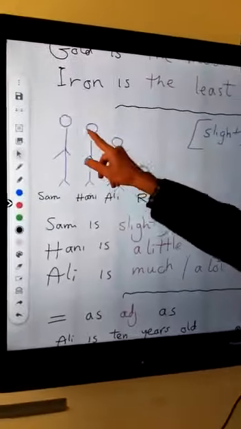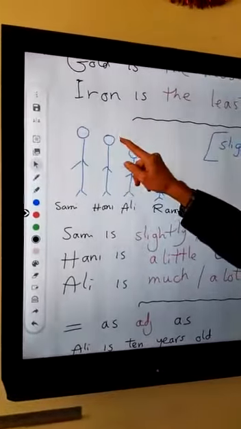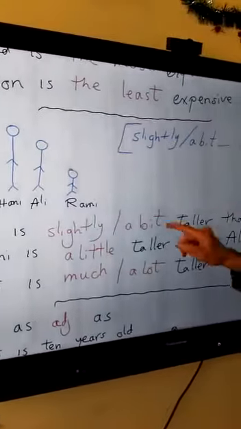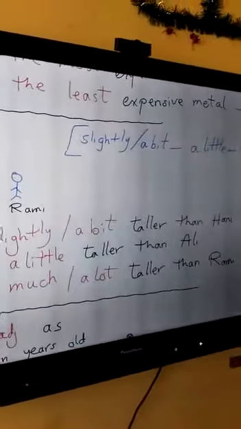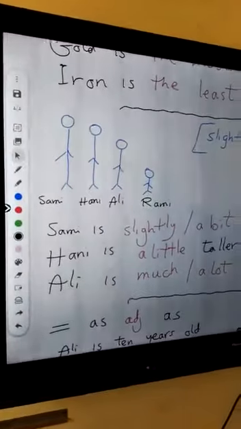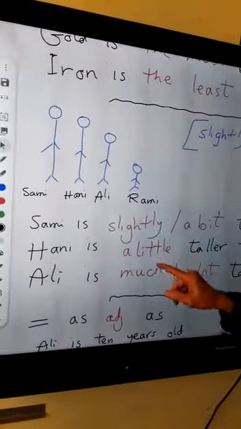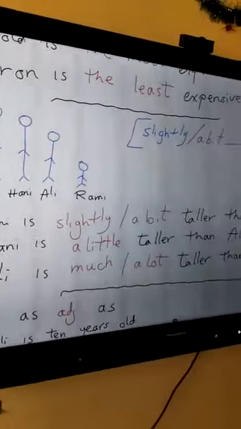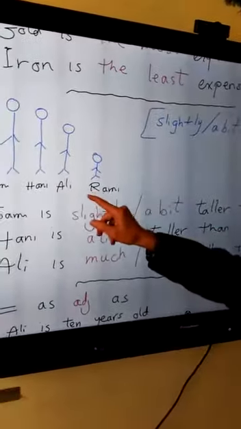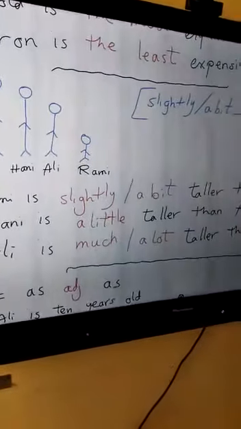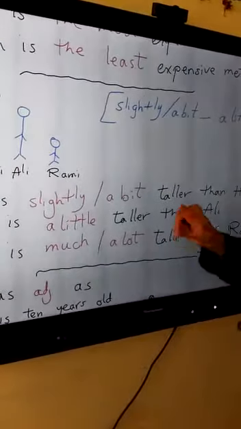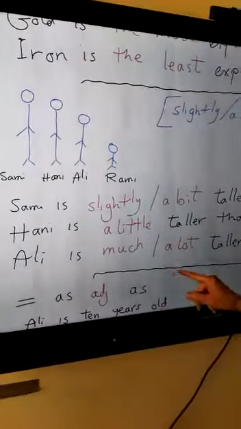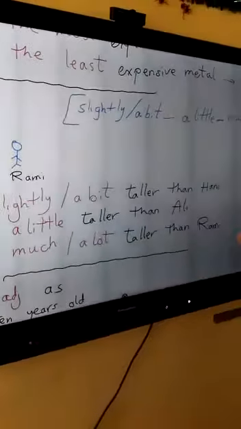Sammy is slightly or a bit taller than Hani. But if we compare Hani with Ali, Hani is a little taller than Ali. Now we are going to compare Ali with Rami. Ali is much or a lot taller than Rami.